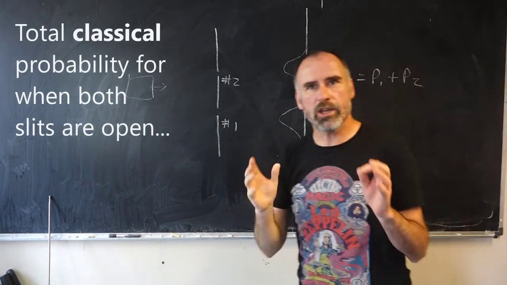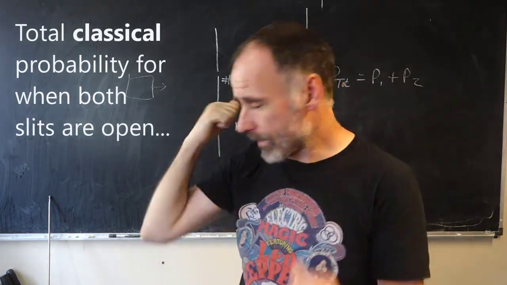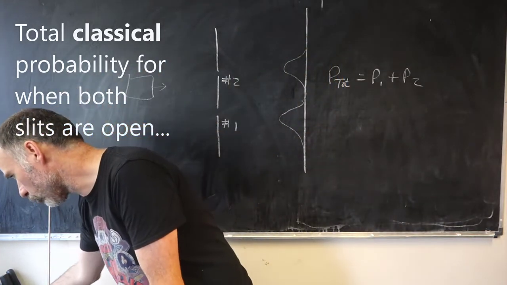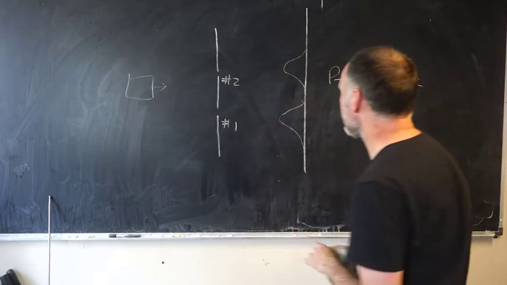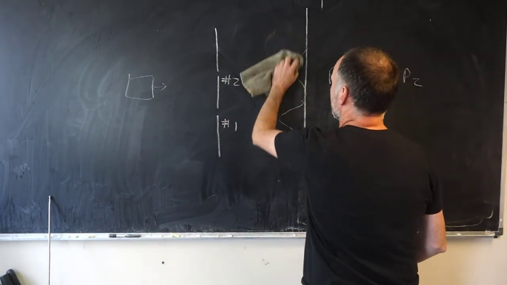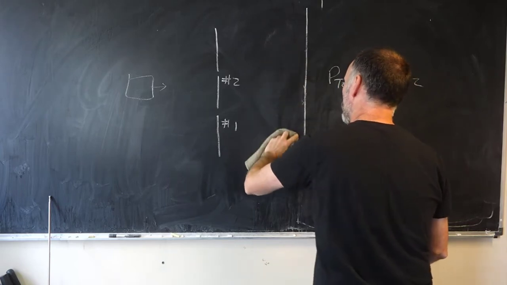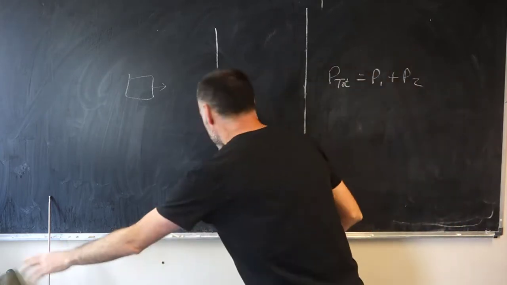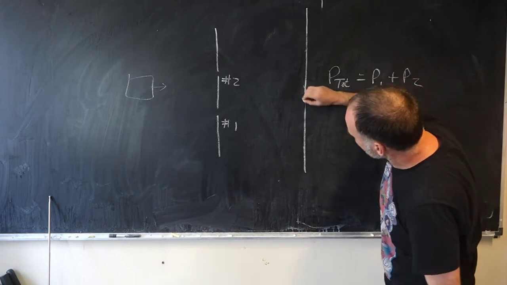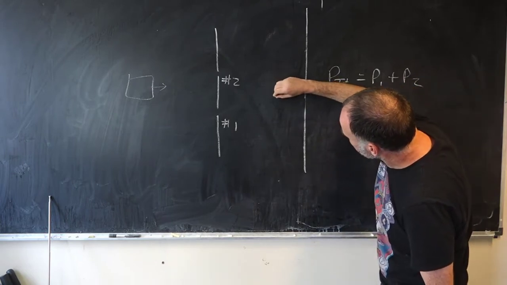But we know quantum mechanically that's not what happens. What happens quantum mechanically is, instead of getting this distribution, the distribution we get when the slits are both open is something, and let's see if I can draw this correctly. Let's start with our peak.